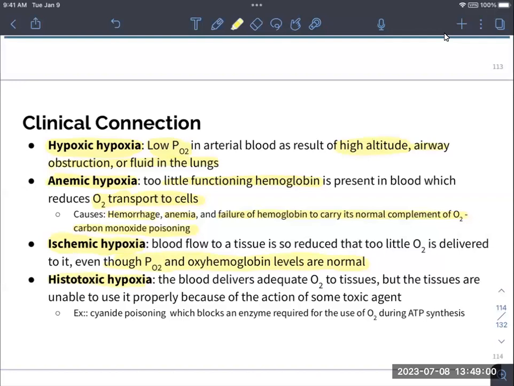So we deliver enough oxygen to the tissues, but the tissues cannot use it correctly. Cyanide poisoning prevents oxygen being used to make ATP. So that would cause histotoxic hypoxia.